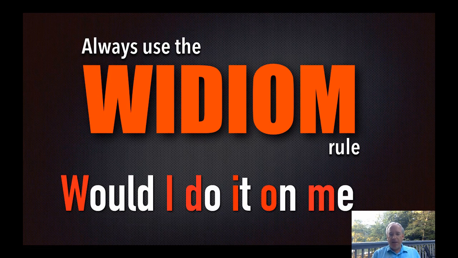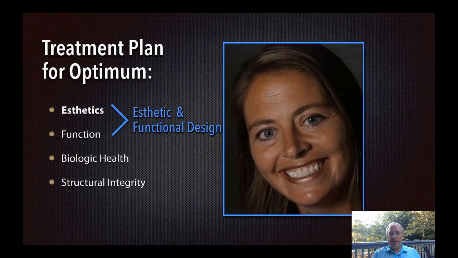But I want you to think about this rule, would I do it on me? And in our philosophy, we want to do the least amount of dentistry to be able to solve the problem. And then remember our treatment options, we can reshape teeth, we can reposition teeth, we can restore teeth, and we can reposition bone. We can do orthodontic surgery. So we want to figure out how to do the least amount of dentistry on the patient.